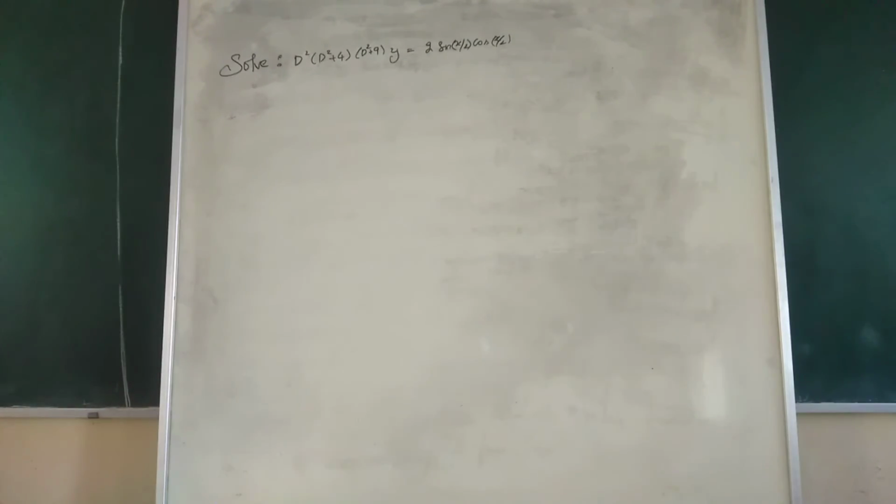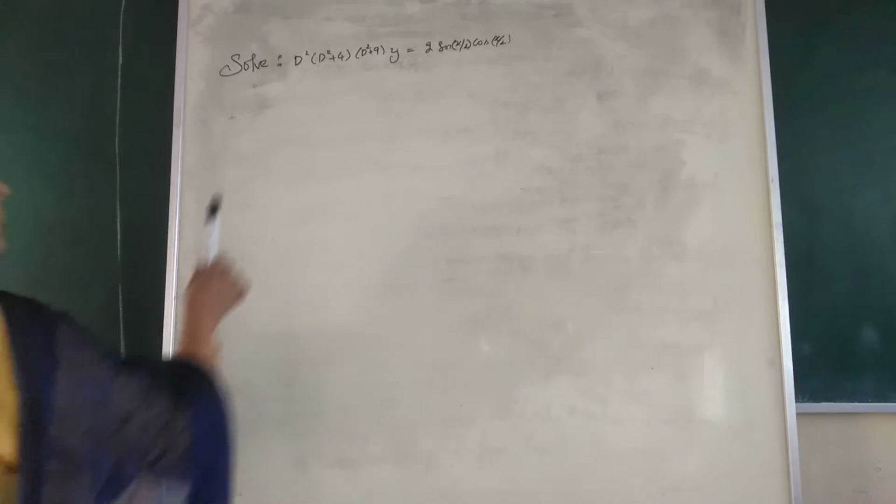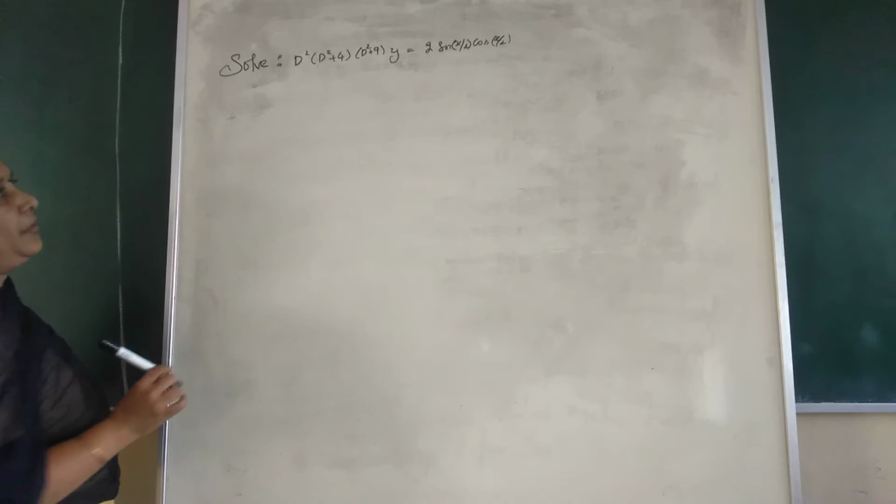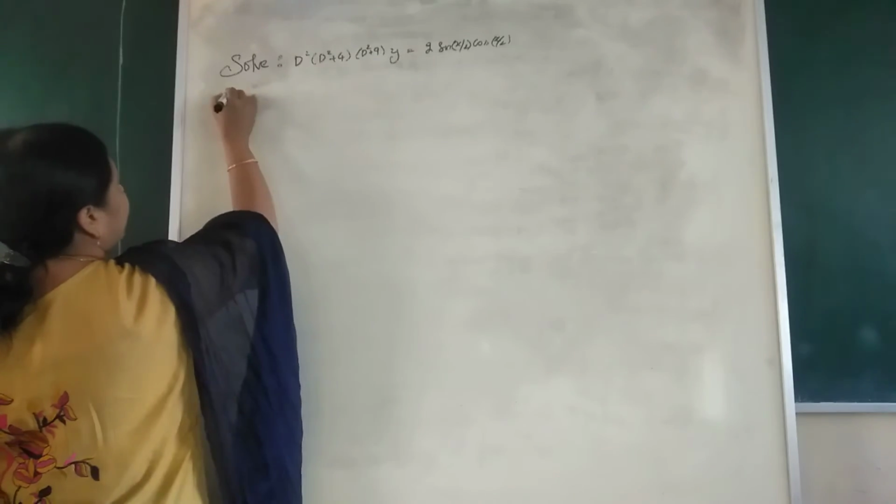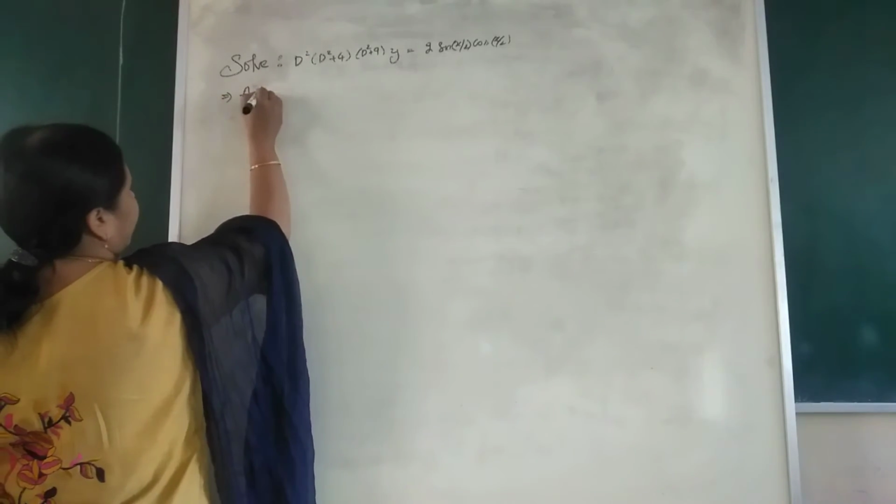Okay, so this is the question. Understood? Now it is already in the operator form, you don't have to put it in the operator form. So consider only the auxiliary equation directly.